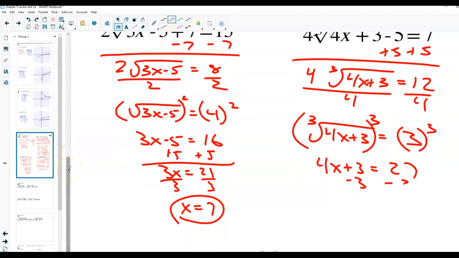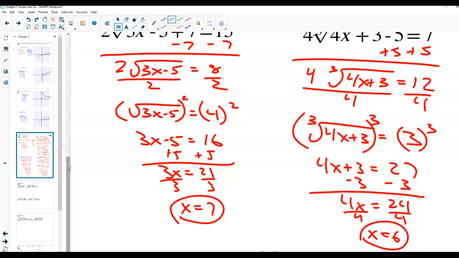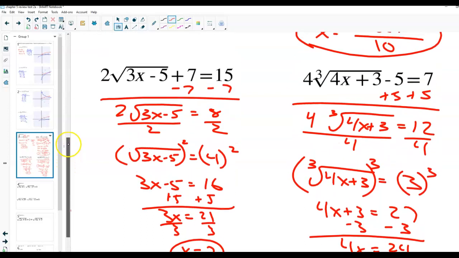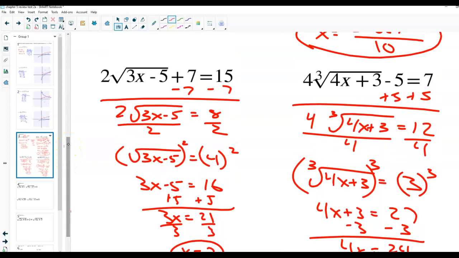We subtract 3 on both sides, and 4x equals 24. We divide by 4, and my x equals 6. You plug that back in. 4 times 6 is 24, plus 3 is 27. The cube root of 27 is 3. 3 times 4 is 12. 12 minus 5 is 7.